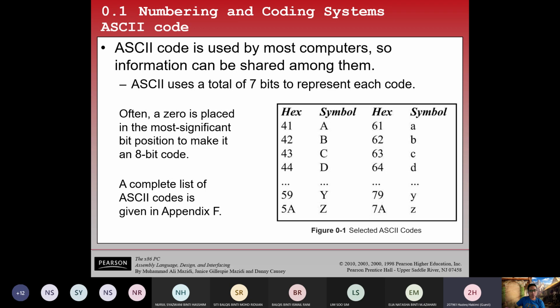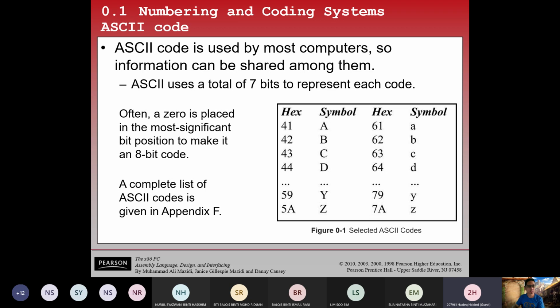So this is for the first bit. The maximum number is 7 and the maximum code is F. That's for the ASCII number, ASCII code. It uses 7 bits to represent each code.